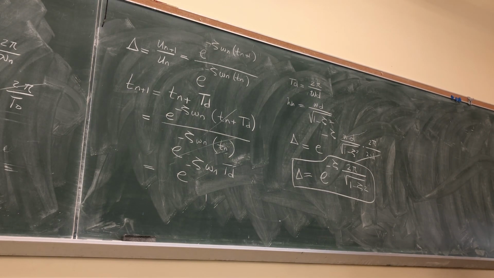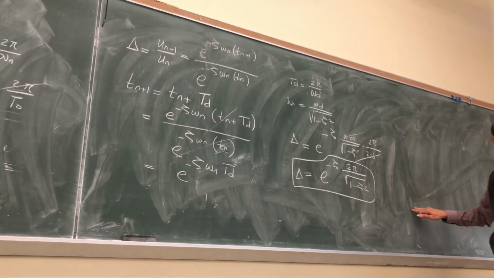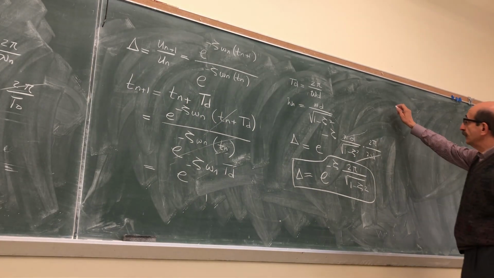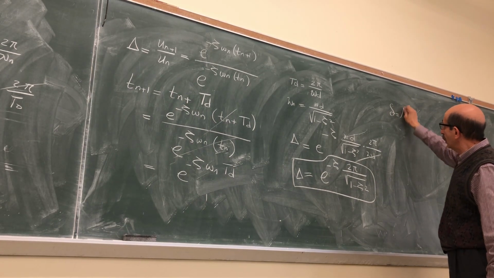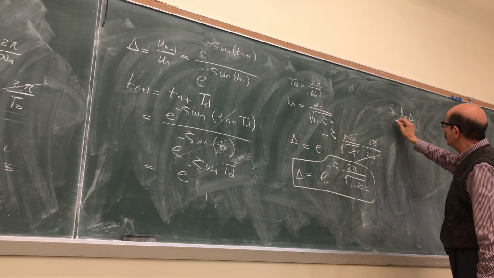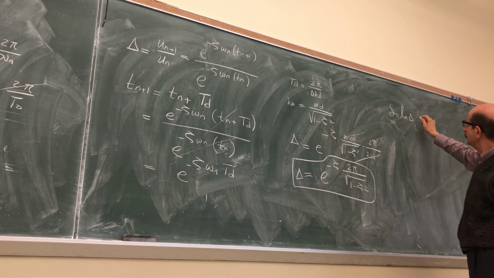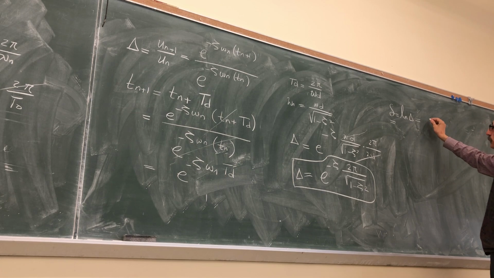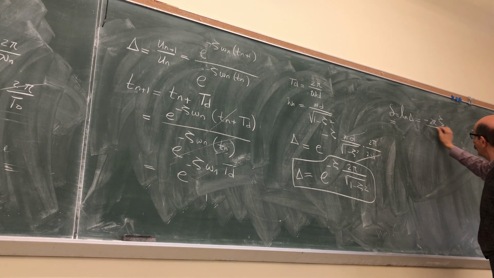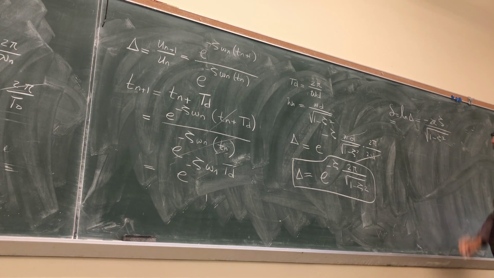So what I will do is take the natural log of both sides. Let's call the natural log of delta this value. So you get this to be 2 pi zeta over square root of 1 minus zeta squared.